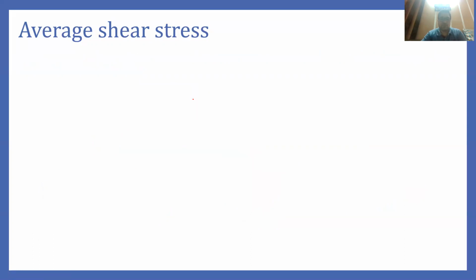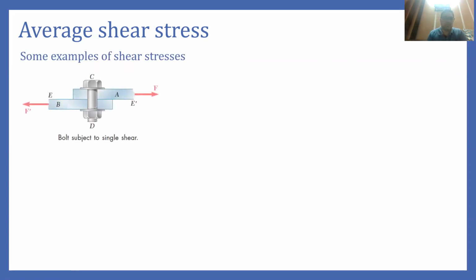So we can have some more examples. There are various applications. I mean, the shear stress has wide application in various forms. So for example, if we take this case, here you can see there are two plates which are joined using a bolt. These plates may be subjected to a pull force, say F, and because of this pull force, this bolt will also be subjected to some kind of force, and that force will be shear force.